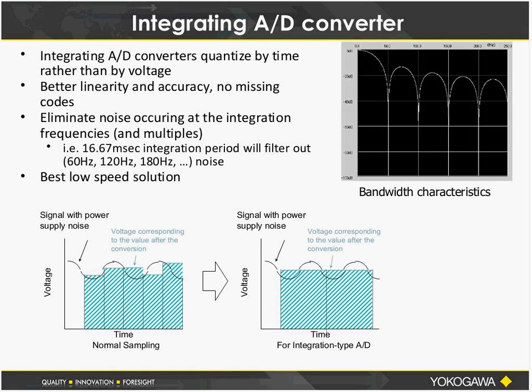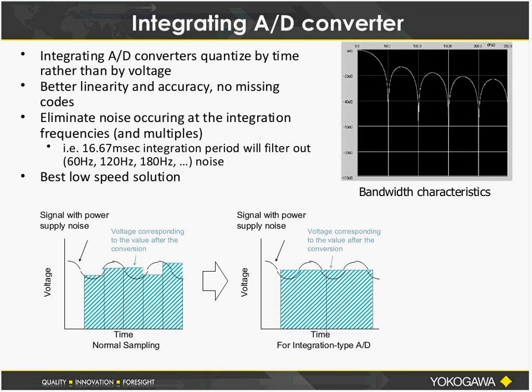Sometimes you hear them called sigma-delta or delta-sigma converters. Essentially, rather than having a straight 8-bit or 12-bit or 16-bit voltage resolution, it oversamples in time, and then plus 1 or minus 1 for each time quanta.